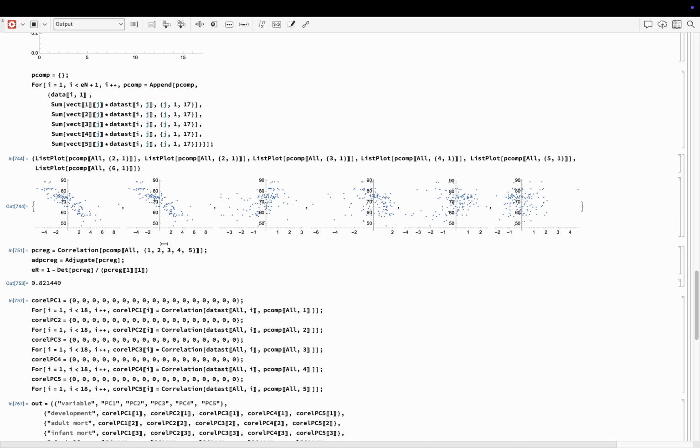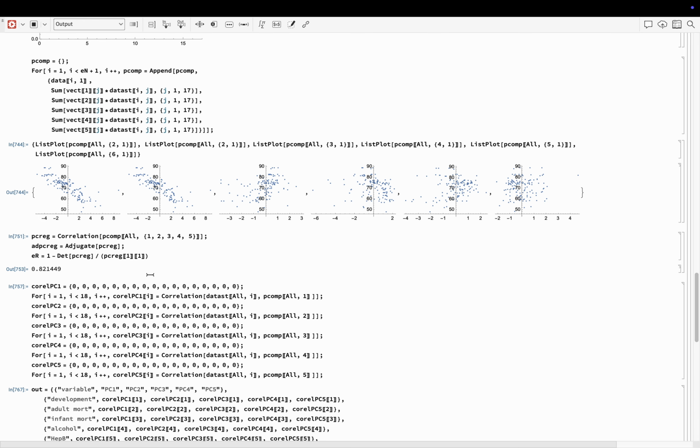We can check what R-square we get while using different subsets of principal components as predictors for our multiple regression model.